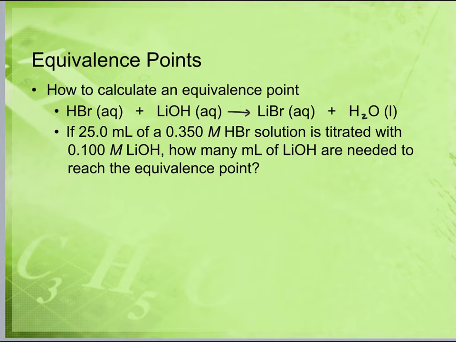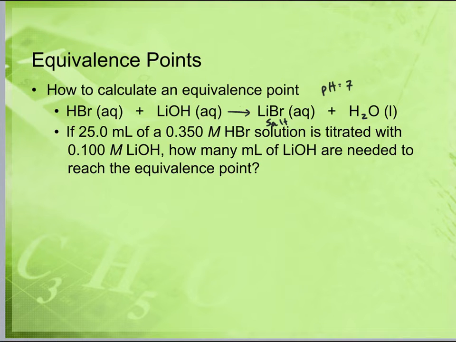Okay, so how to calculate an equivalence point, that point at which, for our purposes, the pH was 7, when I had equal amounts of acid and base. So here's a reaction between hydrobromic acid and lithium hydroxide, giving us the salts lithium bromide and water.